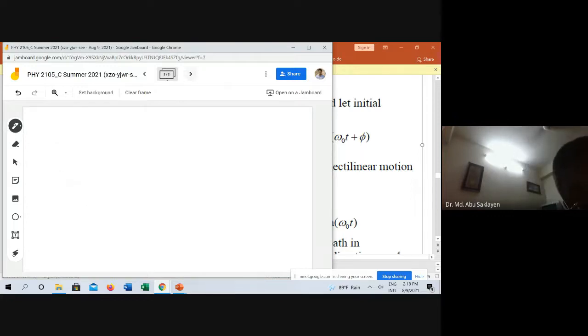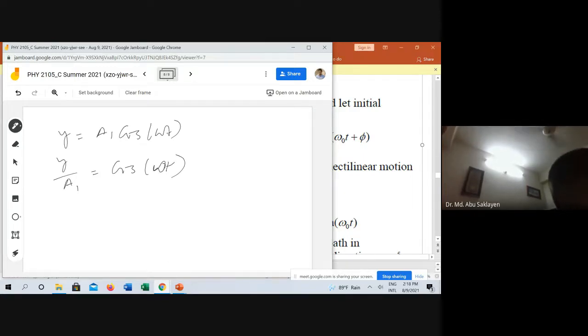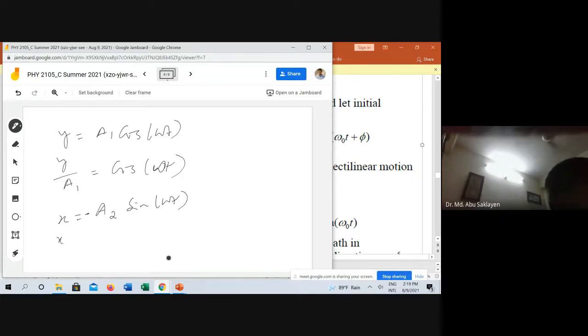So finally, y equal to a1 cos omega t. So you can write y by a1 equal to cos omega t and x equal to a2 times minus sin omega t, and x by a2 equal to minus sin omega t.